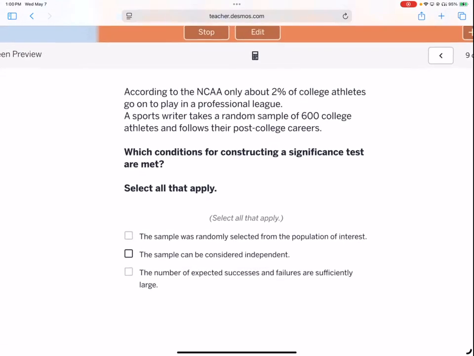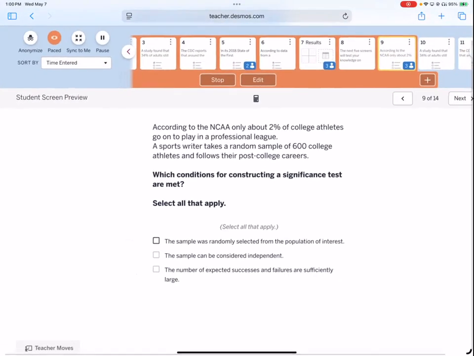Okay, so is the first condition met? Yes. Can the sample be considered independent? Is 600 less than 10% of all college athletes? Yes. Is the number of expected successes and failures sufficiently large? Okay. What is 2% of 600?